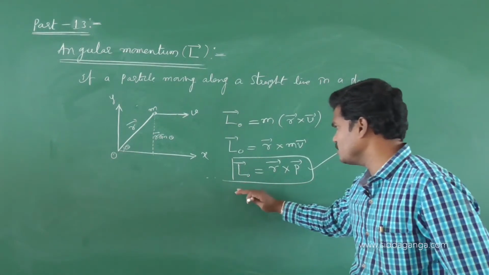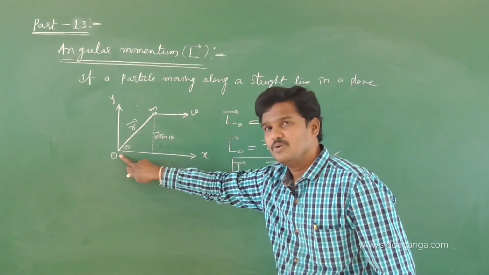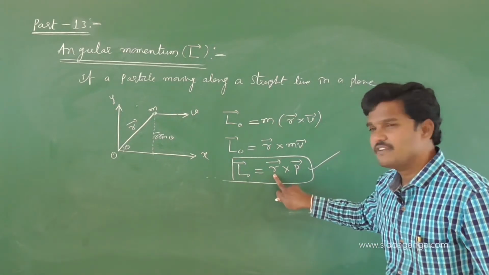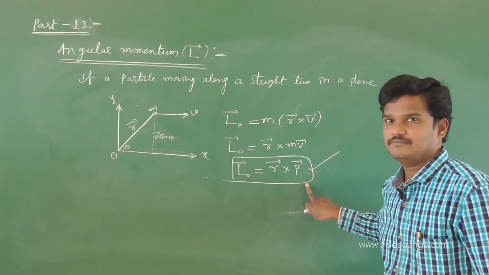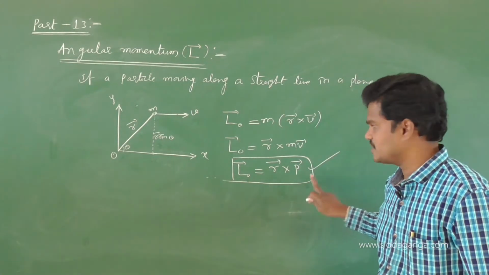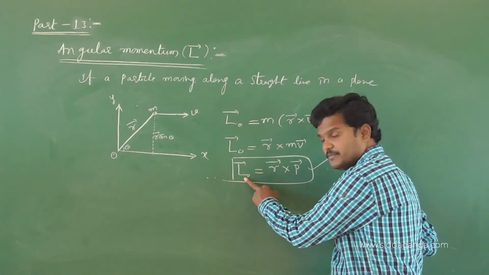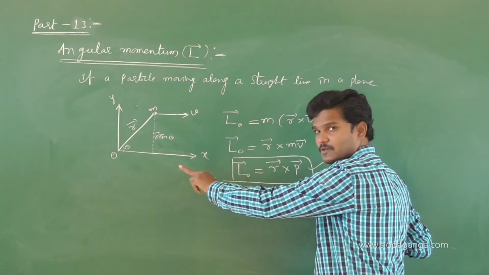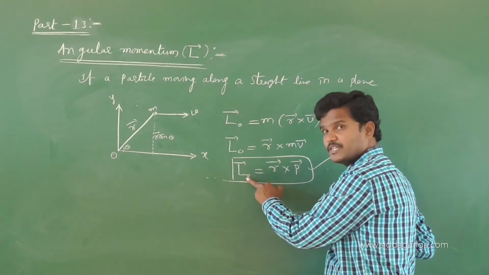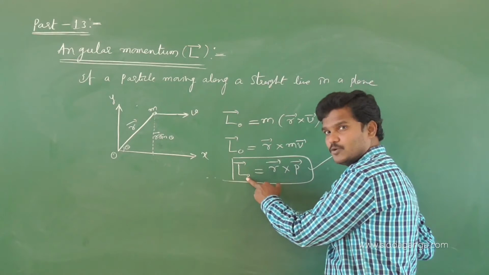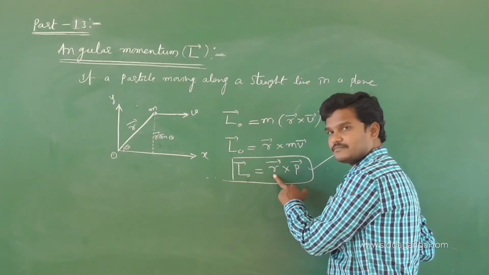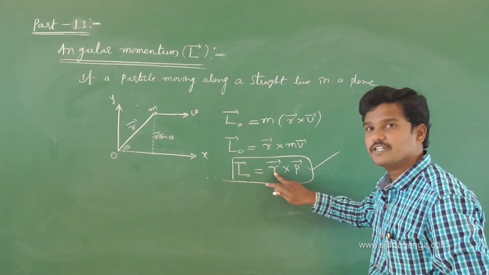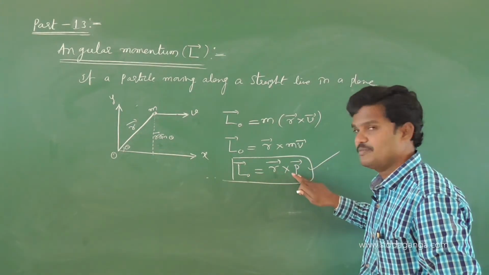So angular momentum about O we can define as the cross product of position vector and linear momentum. Let me repeat the definition. Angular momentum of a particle about O is defined as the vector product of position vector and linear momentum.